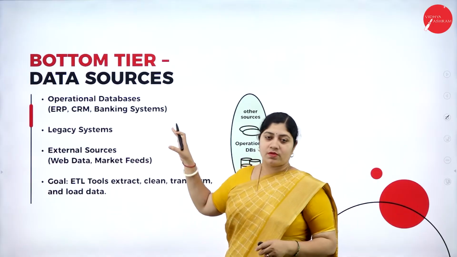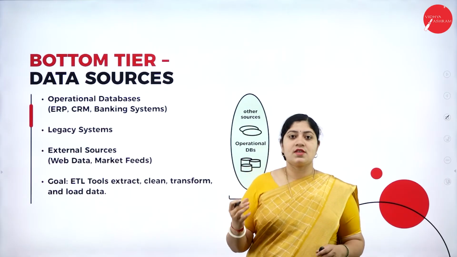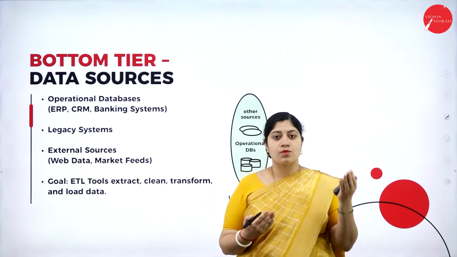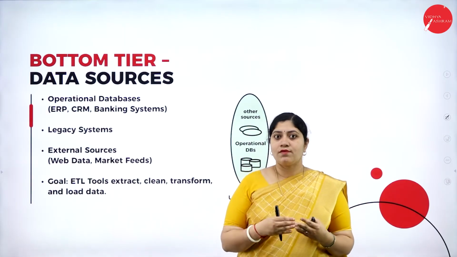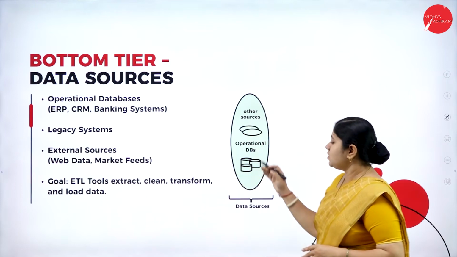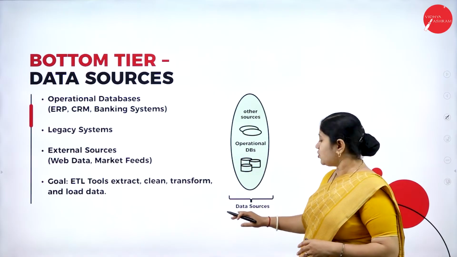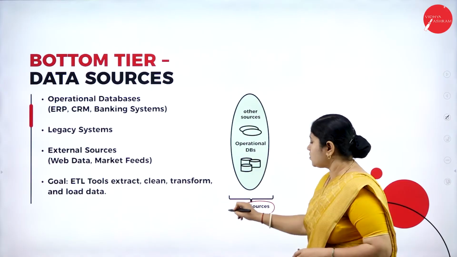Starting with the bottom tier. As we know, under the bottom tier, what exists is the data from different data sources as well as OLAP analysis, or we can also accept data from external sources. All right. So this is a simple figure where the bottom tier consists of the total data sources.